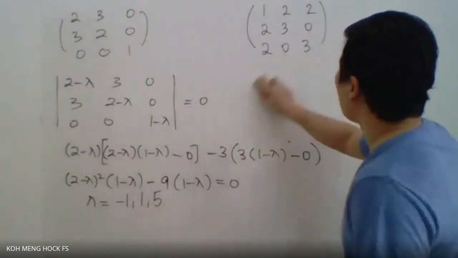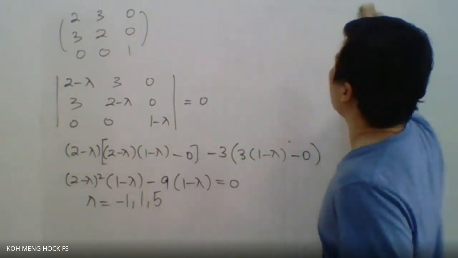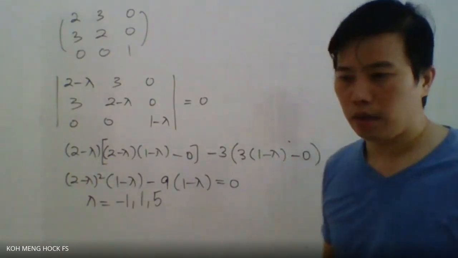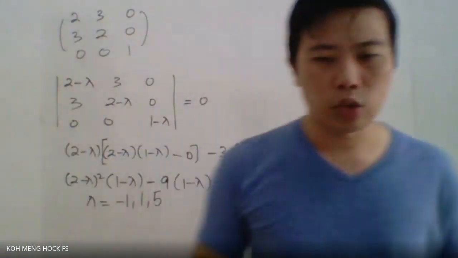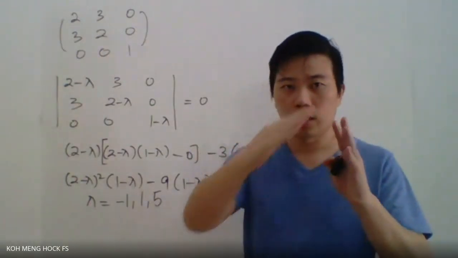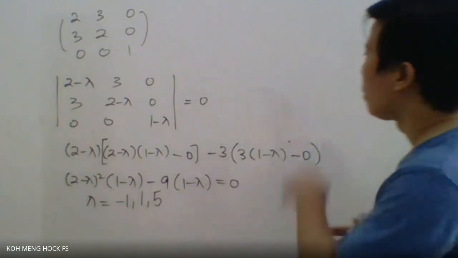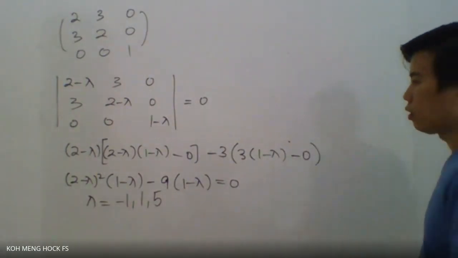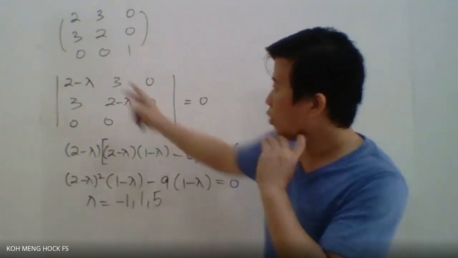So now, just to recap, other than just finding eigenvalues, you must be able to diagonalize it. When you diagonalize the matrix, you get a nice square matrix with the diagonal values and the non-diagonal entries equal to 0. So how do you get this? Using the first example, you get -1, 1, 5, so you put in one by one.